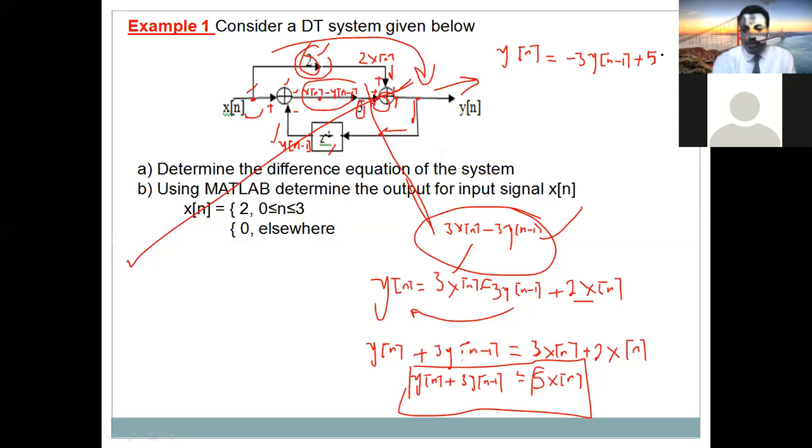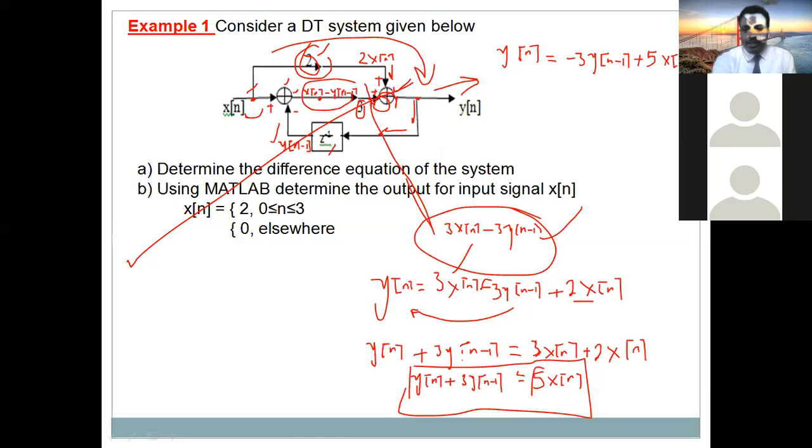This is our difference equation, right? So what do you understand from this difference equation?